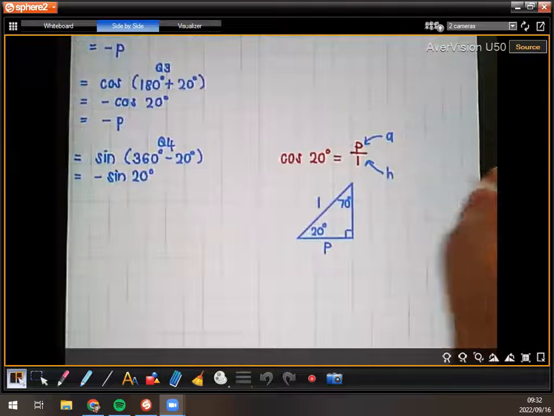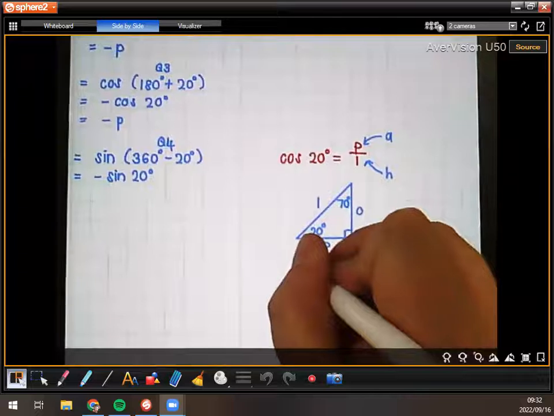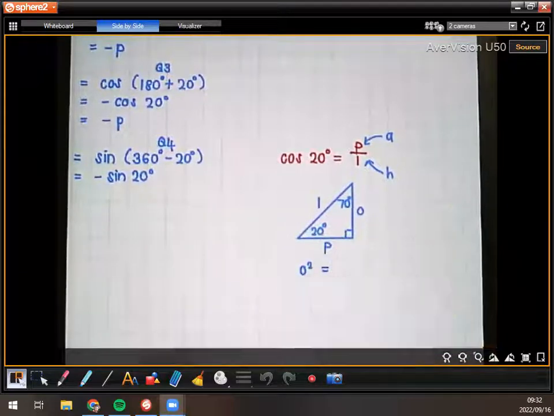So guys, I'm just going to call this O because it is the opposite side. But you can call it X or Y, whatever you want. It doesn't matter. Just at the bottom here, I'm going to say O squared. Now let's think. Is O, that opposite side, the hypotenuse?